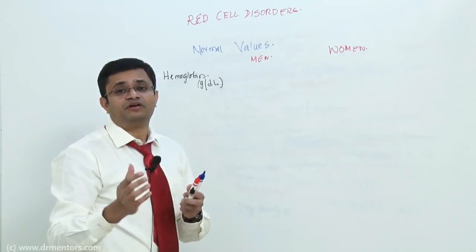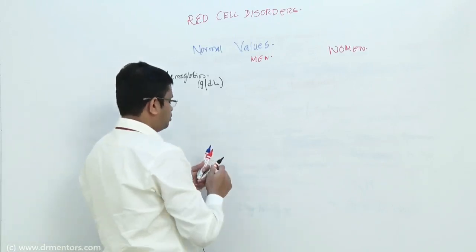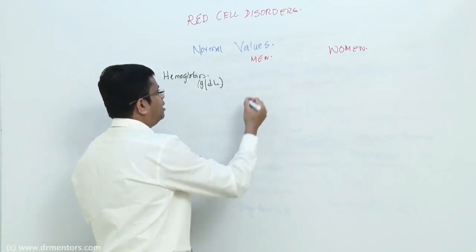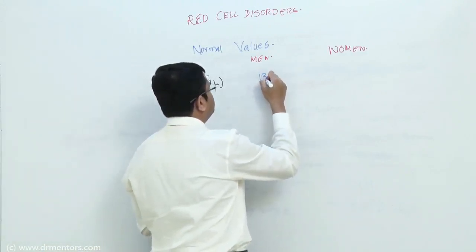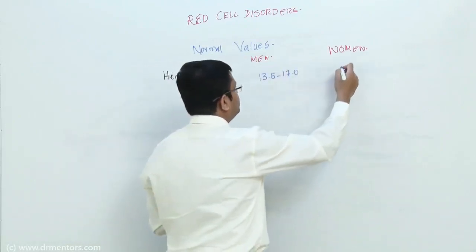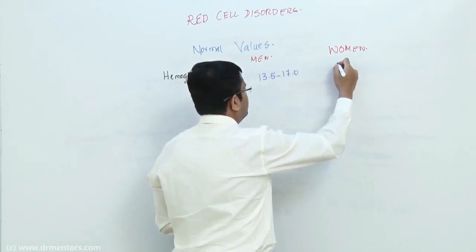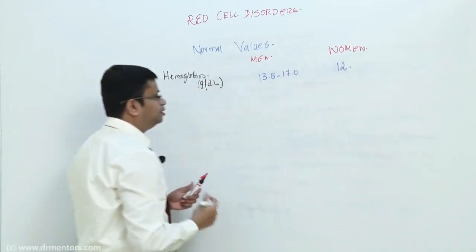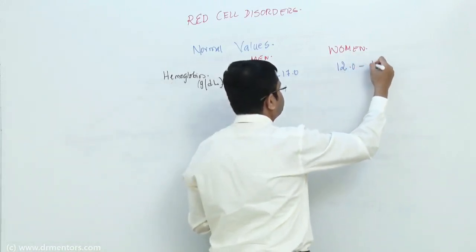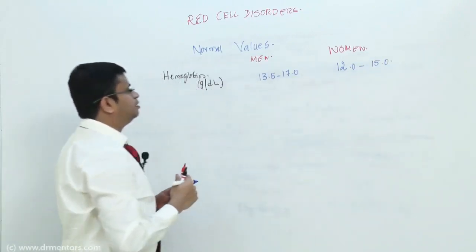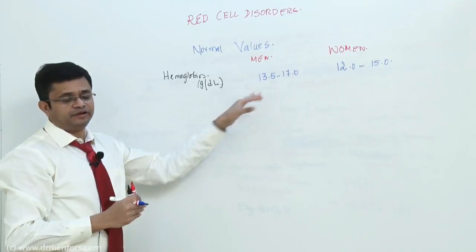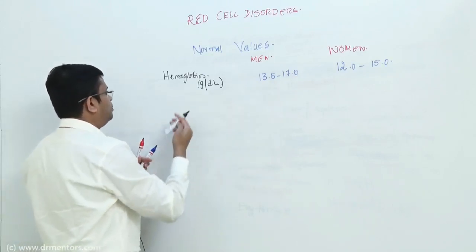For men, the value is a little higher, between 13.5 and 17, whereas for women the lowest limit you should know is 12, and it may go up to 15. So that's the normal value of hemoglobin in grams per deciliter. Then we'll go to hematocrit.